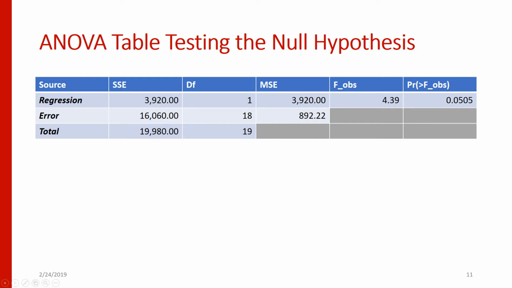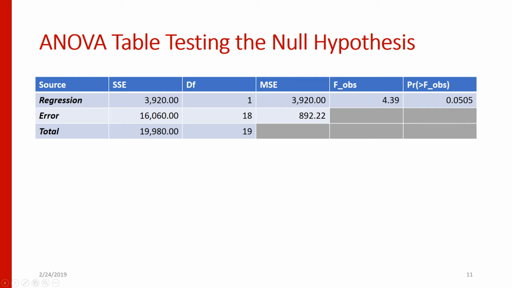So 19,980 minus 16,060 means that we effectively explained 3,920 squared errors with our model, but we have 16,060 left over. We can then insert the appropriate degrees of freedom. So this is parameters in Model A minus parameters in Model C, the number of observations minus the parameters in Model A, and the number of observations minus the parameters in Model C.